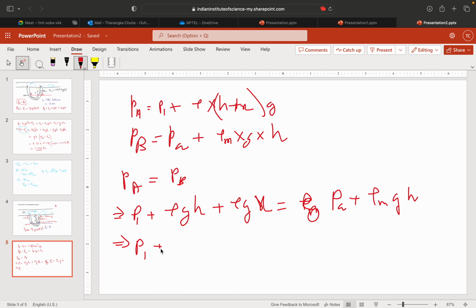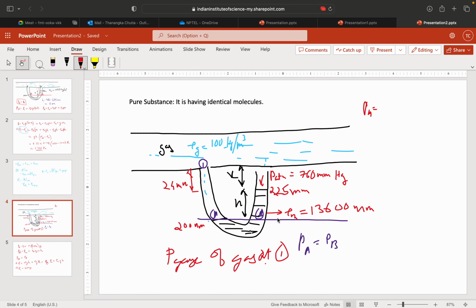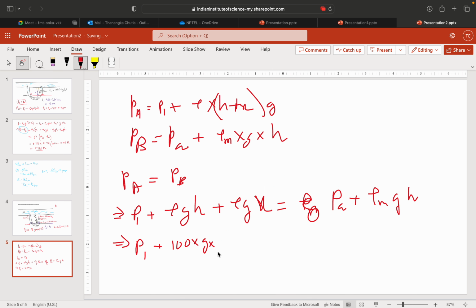Rho of the gas is given as 100, into g, into h, where h is 225 minus 200, that is 25 mm, plus 100 into g into x, which is 24 mm.